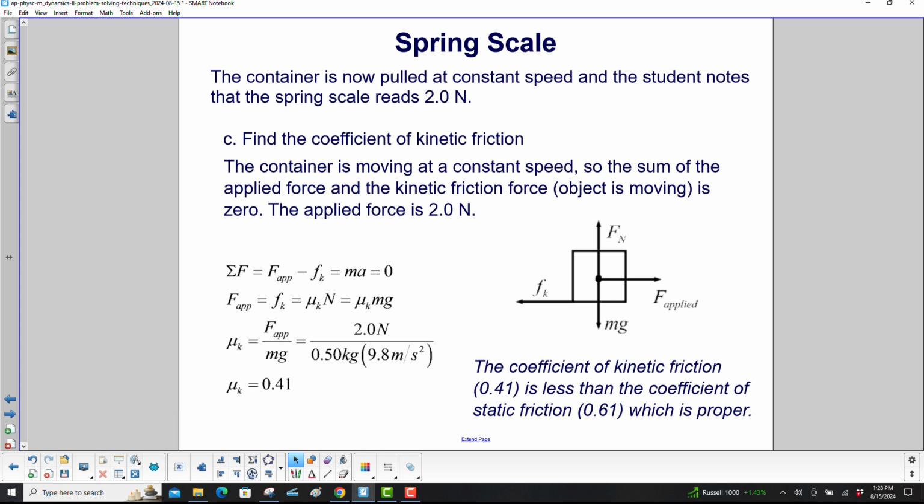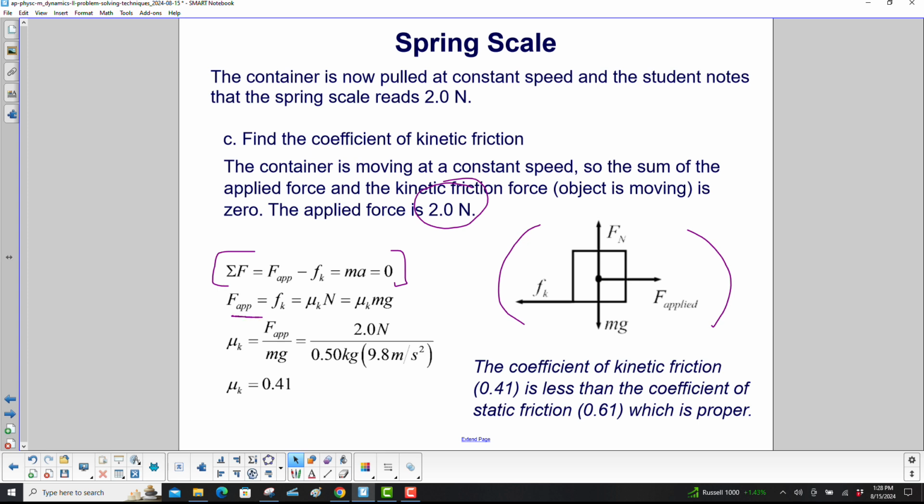Since the container is moving at a constant speed, the sum of the applied force and the kinetic friction force is 0. The applied force is 2 newtons. So here is our Newton's second law equation. Once again, here's our free body diagram. So Fap minus the kinetic friction force equals ma, which equals 0 as it's got a constant velocity.